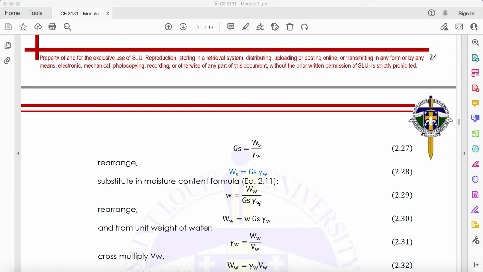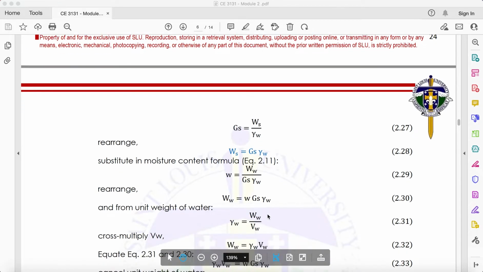So if we rearrange by cross multiplying, moisture content times the weight of soil, which is the specific gravity times the unit weight of water, is equivalent to the weight of water. So weight of water is equivalent to the moisture content times specific gravity times the unit weight of water.